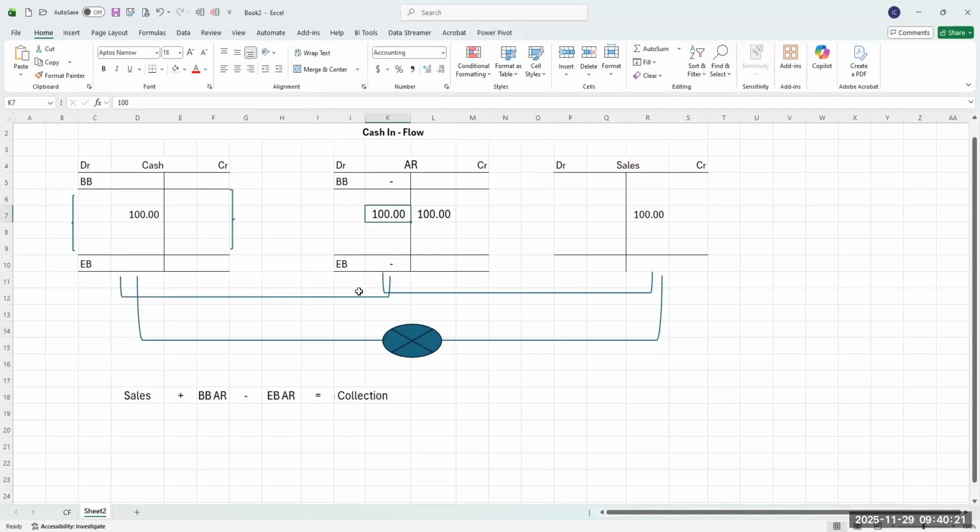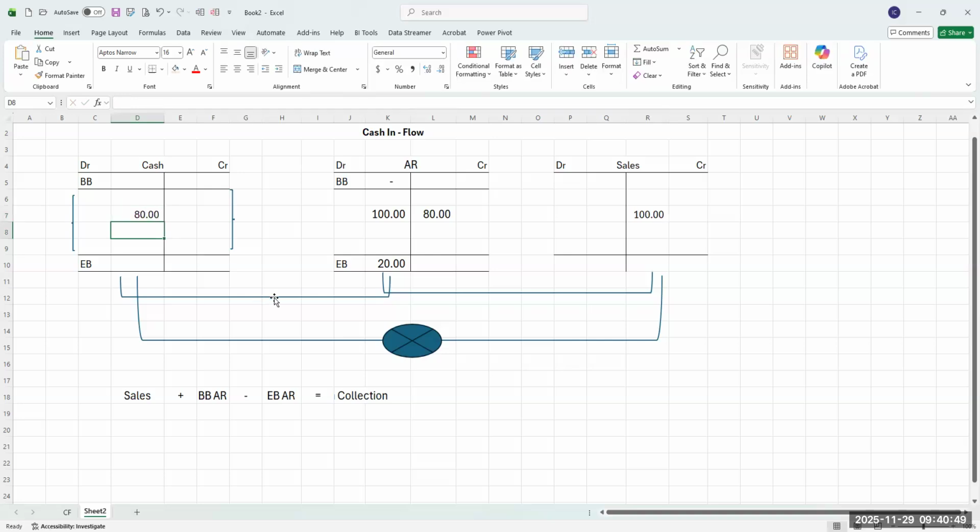I sold $100, my sales are $100, but the client didn't pay me $100. They pay me only 80. How much cash do I get? Did I get 100? No. How much do I get? 80.